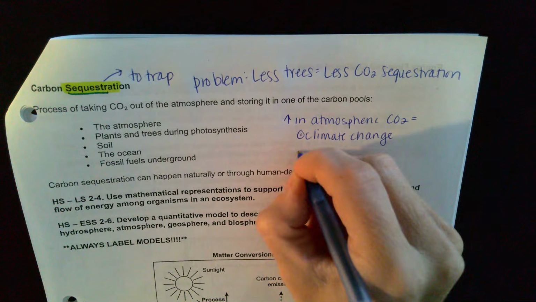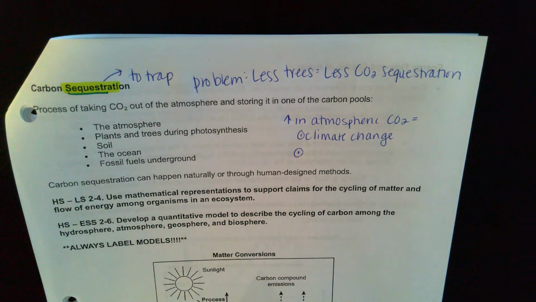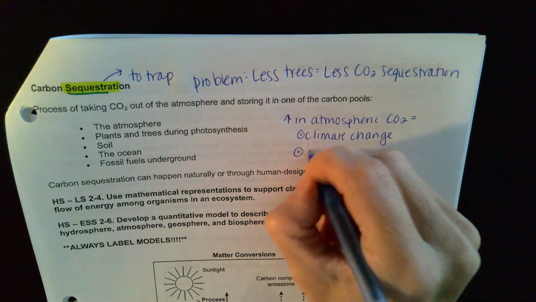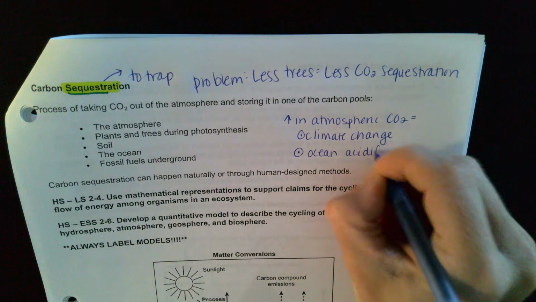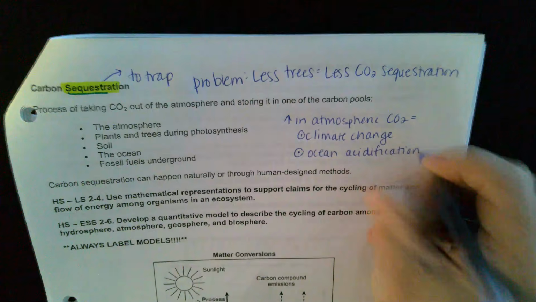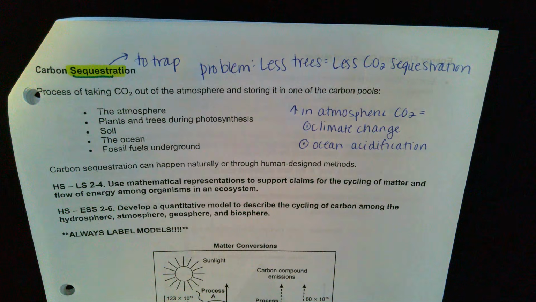The other thing, when you get too much carbon dioxide in the atmosphere, it diffuses into the ocean. And when it diffuses into the ocean, that leads to ocean acidification. Now, in my class, we talked about ocean acidification. That's when it becomes more and more acidic.